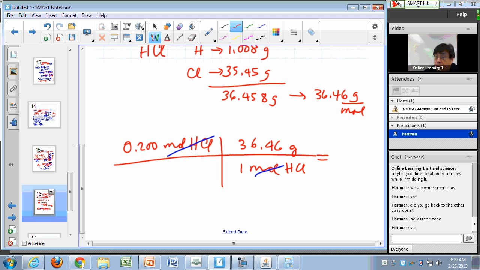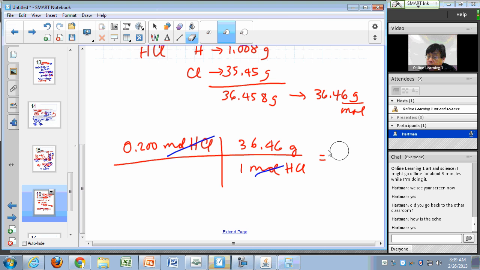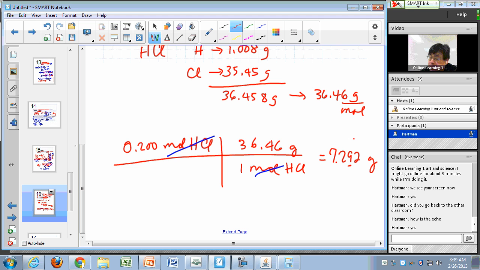So 36.46 times 0.2 is 7.292 grams. Okay. Keeping in mind I only have 3 sig figs here, so my 9 is really my last sig fig. I'm going to keep that 2 because I'm going to carry this into another calculation.